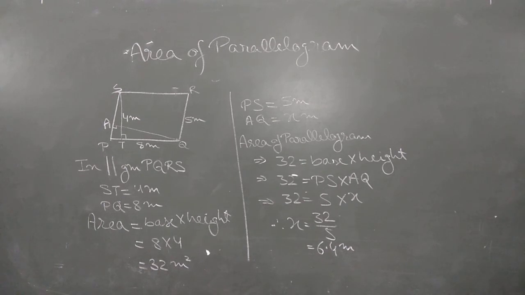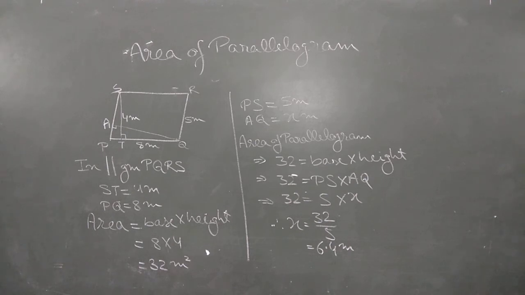From these two we can find the area of the parallelogram. Then it says to find the distance between the shorter sides. Shorter sides are PS and QR. Distance between these two is a perpendicular distance, meaning the height of the parallelogram. AQ is also considered the height of parallelogram PQRS.